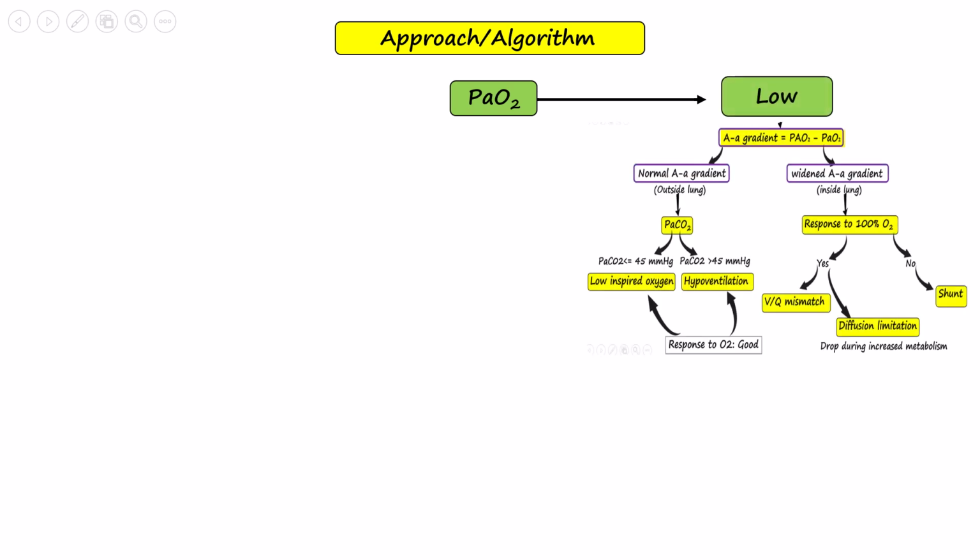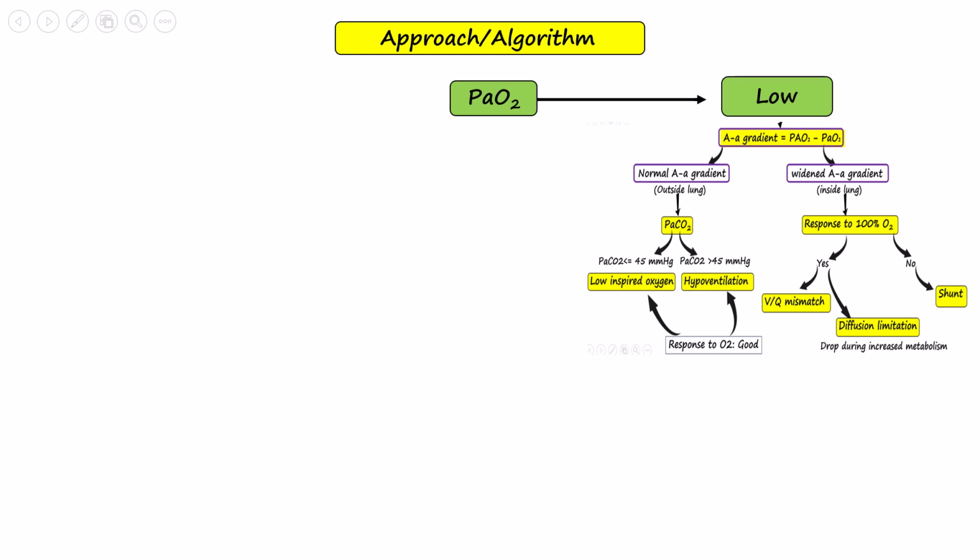Since oxygen diffusion into the blood represents the initial step in oxygen transport, we must first evaluate PaO2. If PaO2 is abnormally low, we should then calculate the alveolar-arterial gradient to determine whether the underlying cause originates within or outside the lungs.